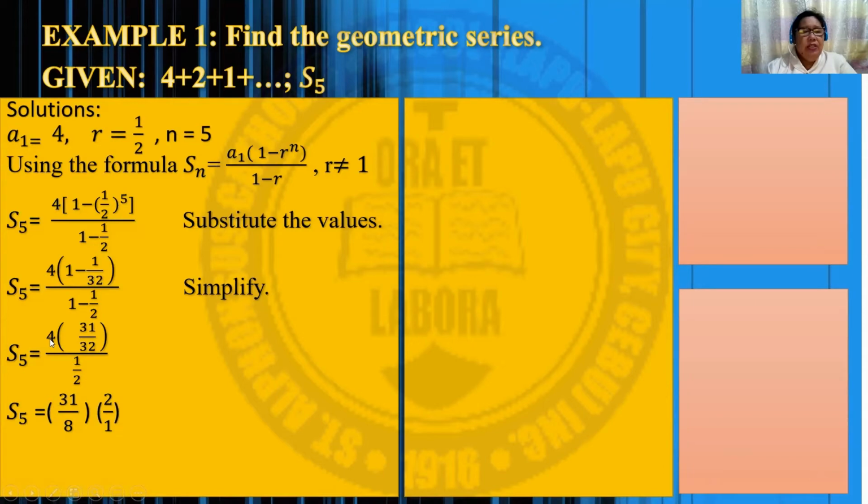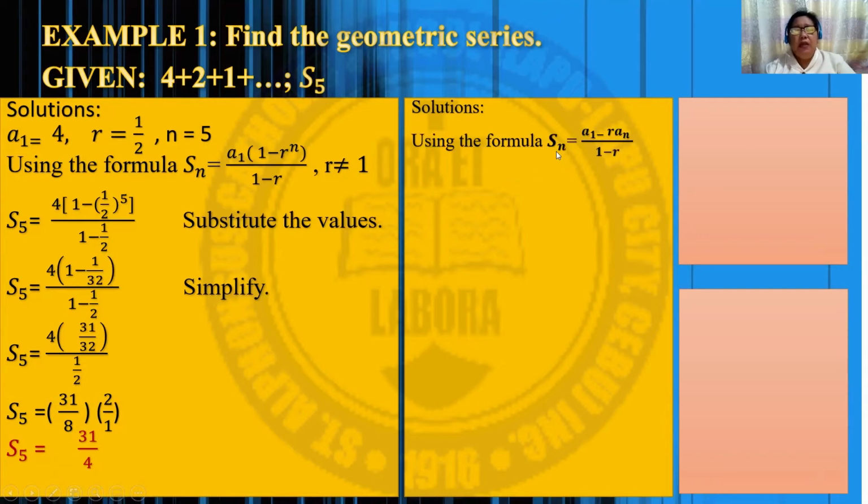Just reduce 4 with 32. So we have 31 over 8. And then the sum of the 5 terms is equivalent to 31 over 4. You can reduce 8 with 2. So 31 over 4. Let us have another solution.